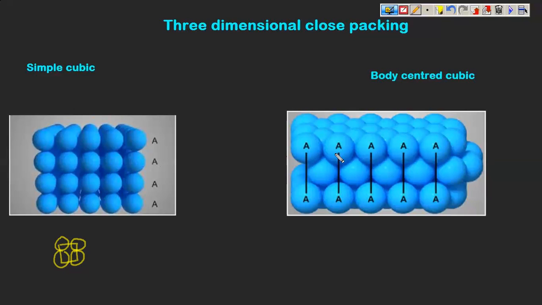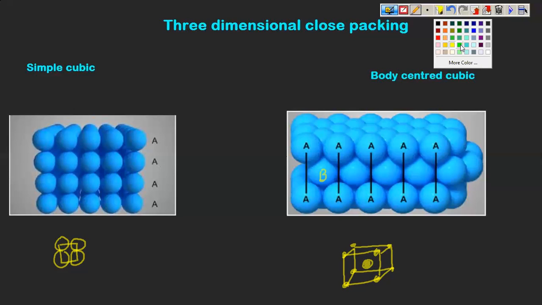This is the first layer A, this is the second layer B, and then again the first layer A. The unit cell formed by this type of packing is body centered cubic. The particles are present at the corners as well as at the center of the unit cell. Here the coordination number is 8.